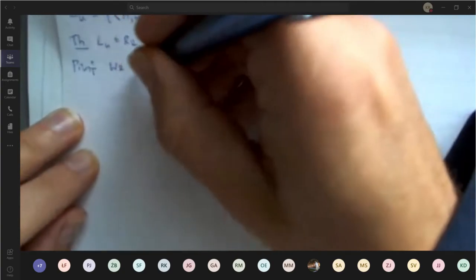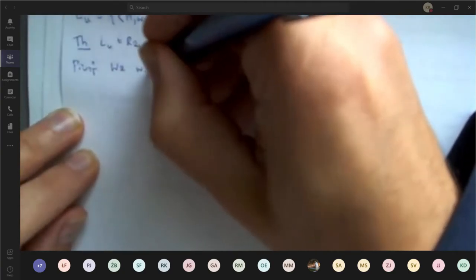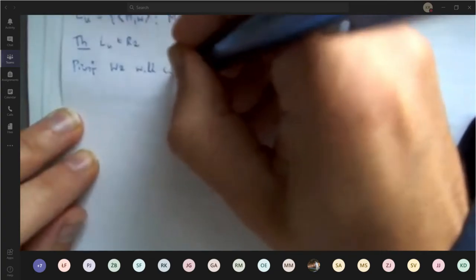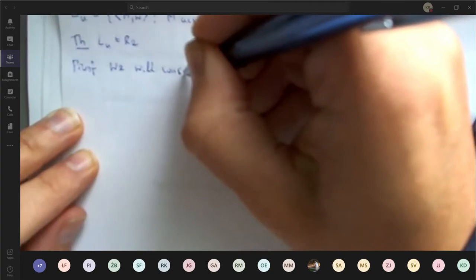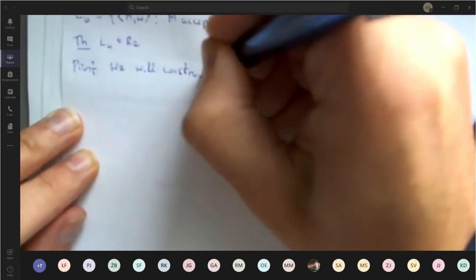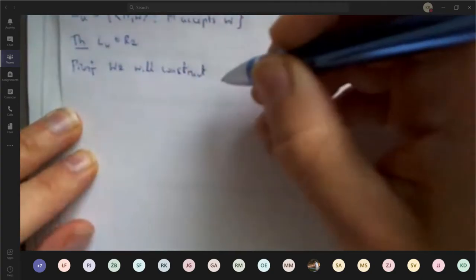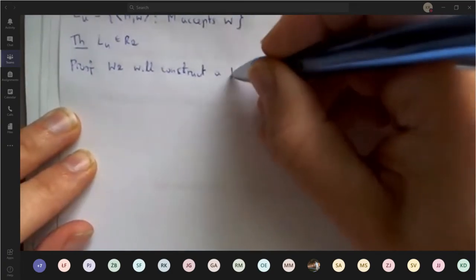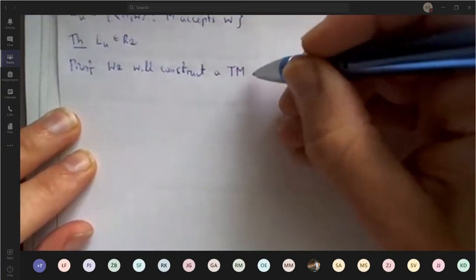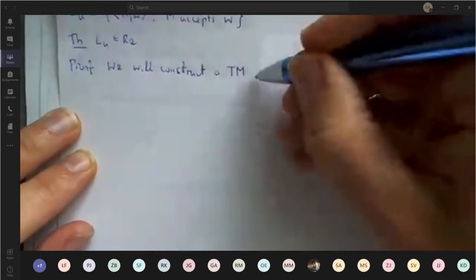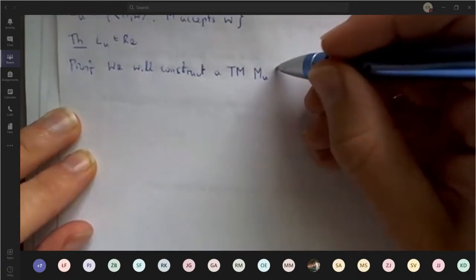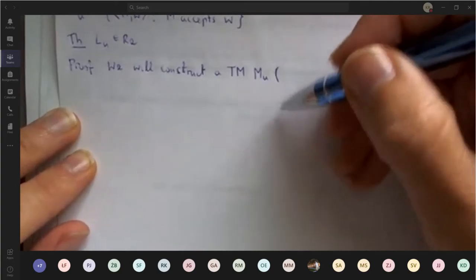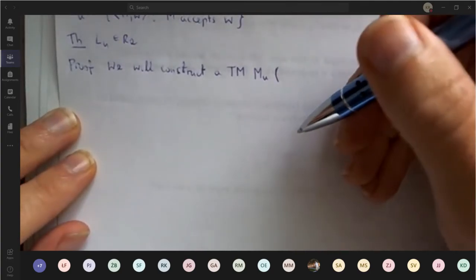We will construct a Turing machine MU, U like universal, and this Turing machine that we will construct is called the universal Turing machine.